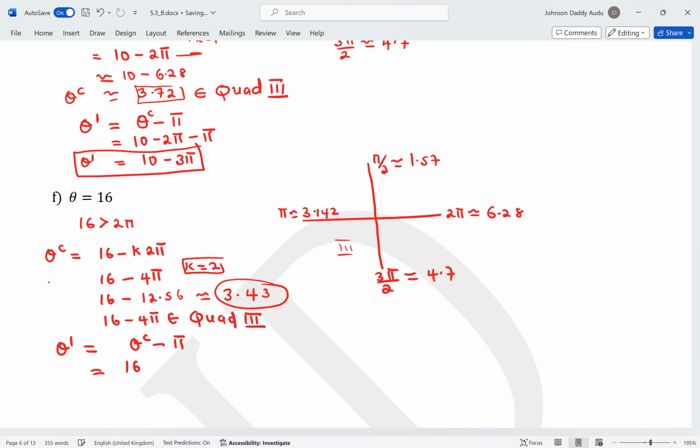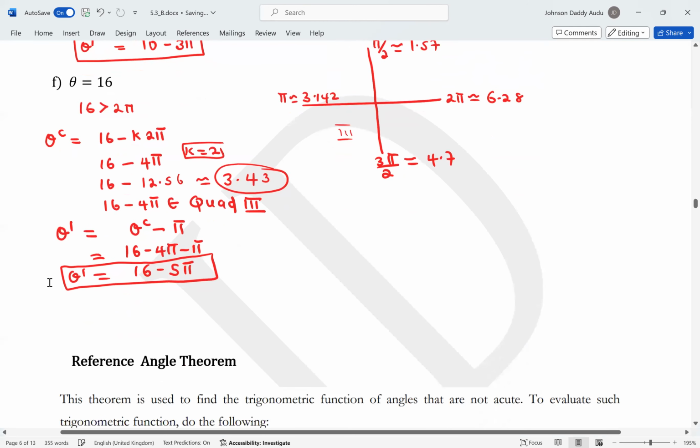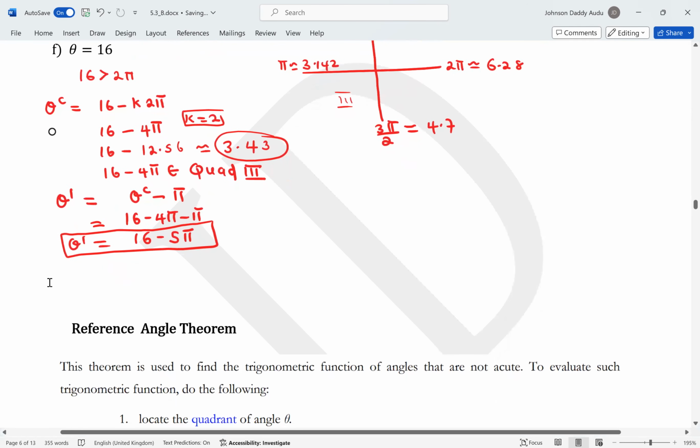So this is 16 minus 4 pi minus pi, and this is going to be 16 minus 5 pi. All right. So this is how we find the reference angle.